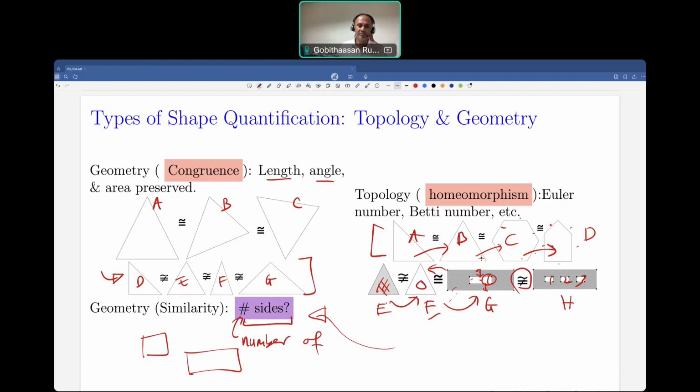Whereas in geometry, we look at the shape information locally: the length, the angle, the area. Whereas topology is the global shape, and the global shape that we have discussed so far is all about one-dimensional holes. Okay, so that is what differentiates topology and geometry.